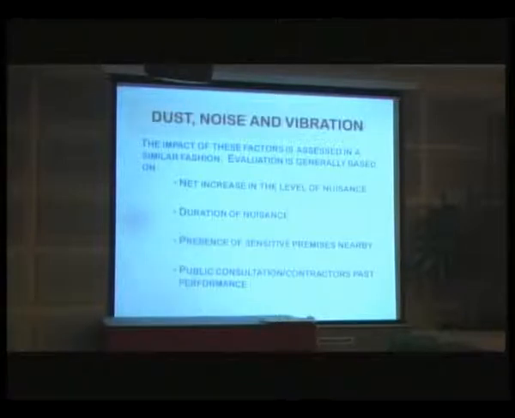So the net increase in the level of nuisance, so be it dust, noise, and vibration. So look at what the ambient dust levels are and what the maximum dust levels are likely to be. So that will give us the net increase. The duration of the nuisance, so during construction and during subsequent maintenance.